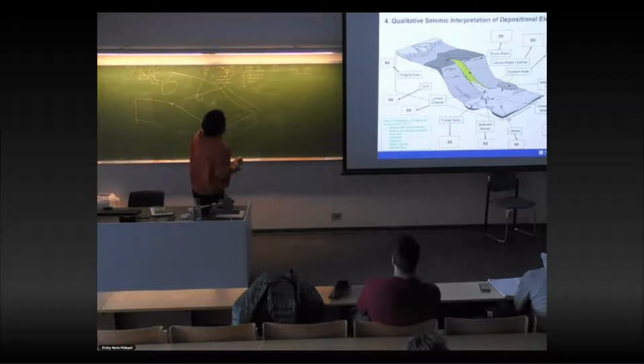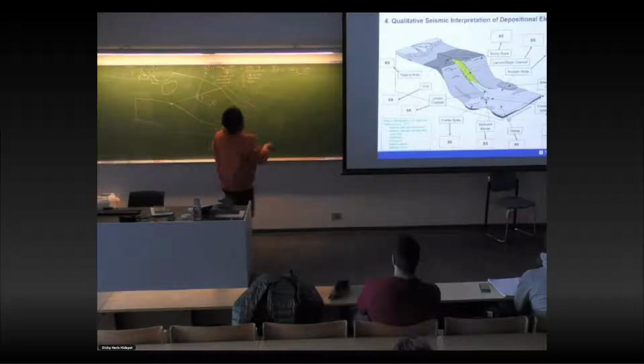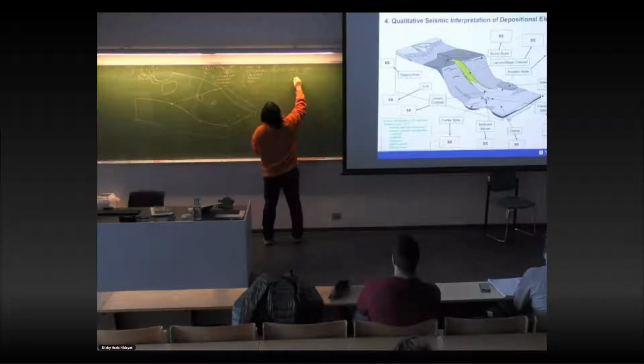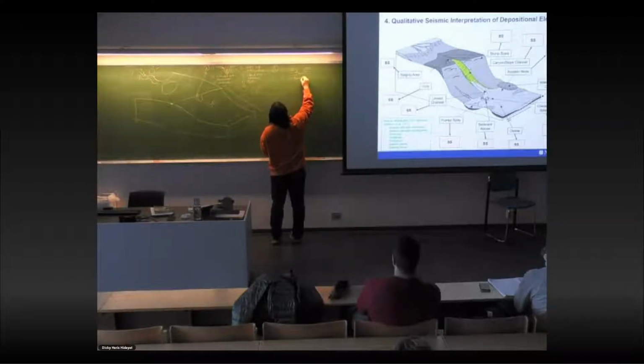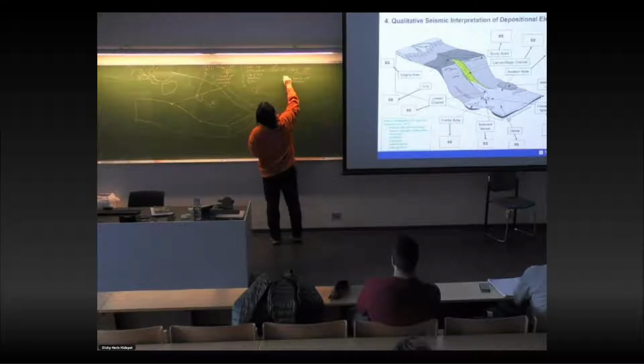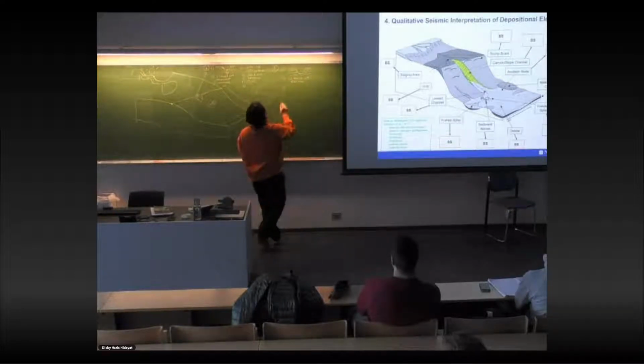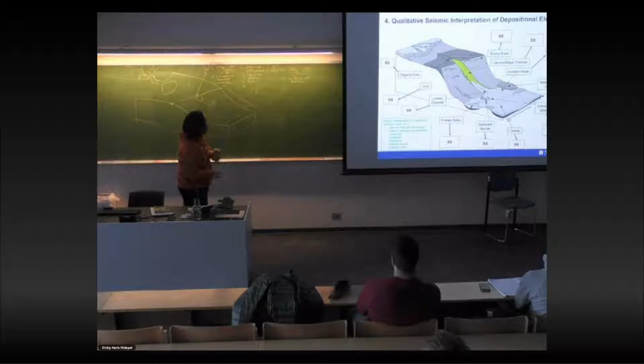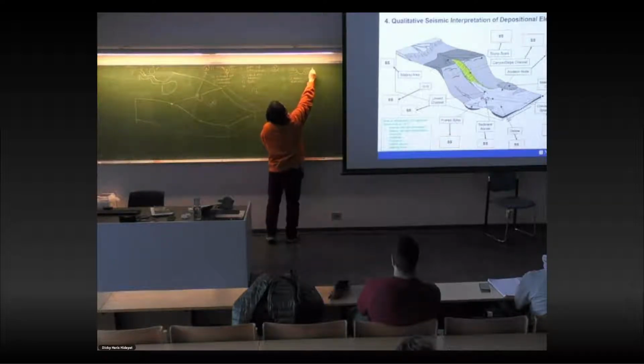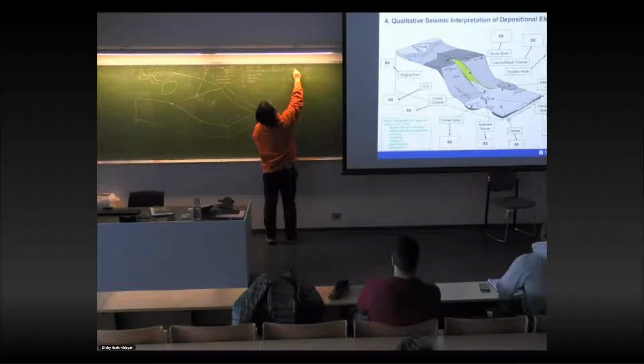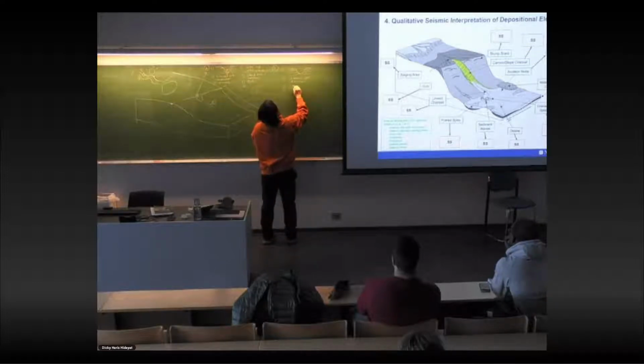Seismic reflection configuration is the same. We can say U shape with truncation. Continuous, yeah, this surface is continuous. Otherwise, you don't have a channel deposit.